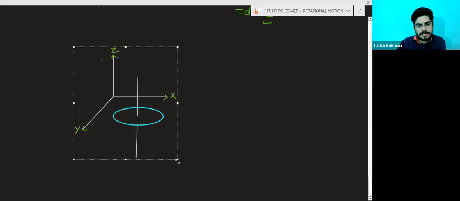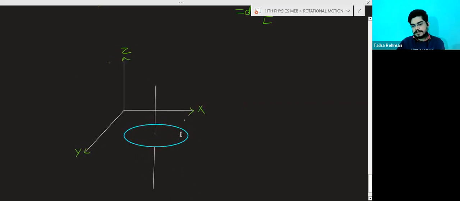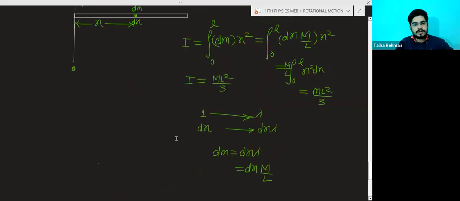Now this axis is perpendicular. The ring is lying in the xy plane, and this is the axis about which we want to find the moment of inertia.